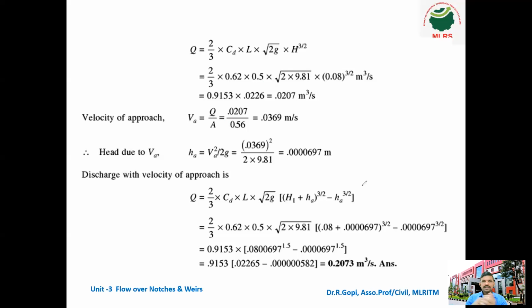So first Q, and VA is equal to Q by A, and HA is equal to VA square by 2G, and finally discharge with velocity of approach, we are adopting that HA in that formula. So all are interlinked. Okay, so we have to write step by step all the formulas and calculate the final answer. 0.2073 is the final answer. Okay.